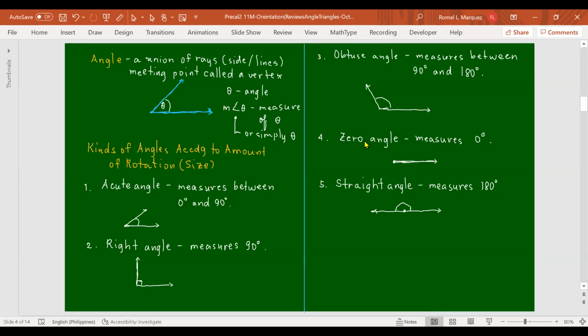Actually, a 0-degree angle has the same drawing as a 360-degree angle, but you have to show that it has one complete revolution, I mean rotation. Okay? So one complete rotation is a 360-degree angle.